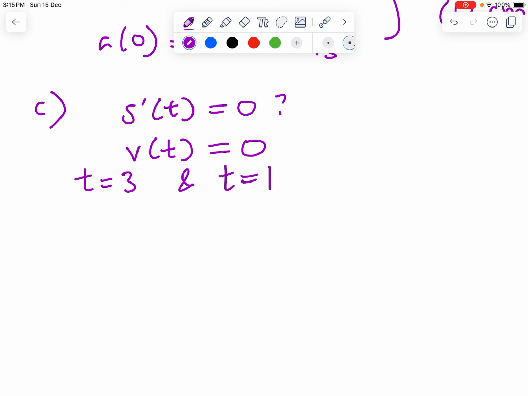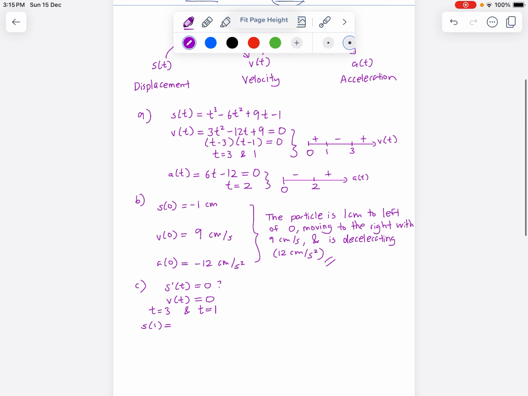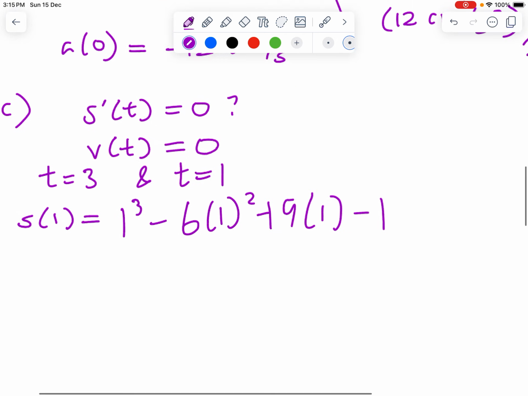So we want to find out the position. If we want to find out the position, what we do is we simply plug time back in. So for time equals 1, we get 1 cubed minus 6 times 1 squared plus 9 times 1 minus 1. And if we solve for that, we get 3 cm.